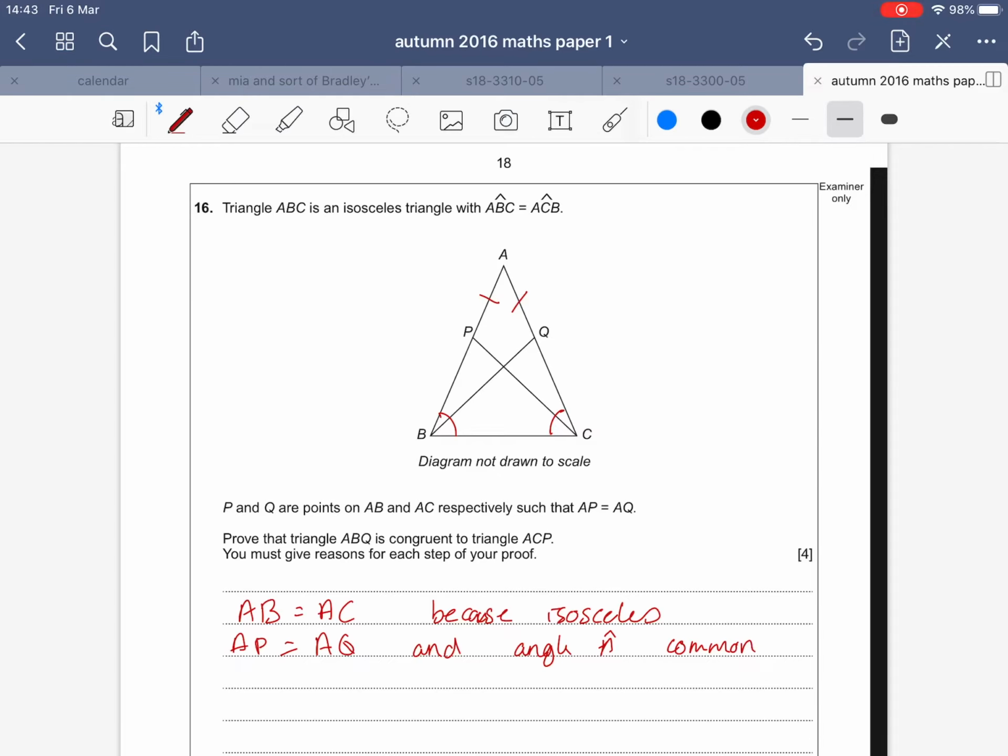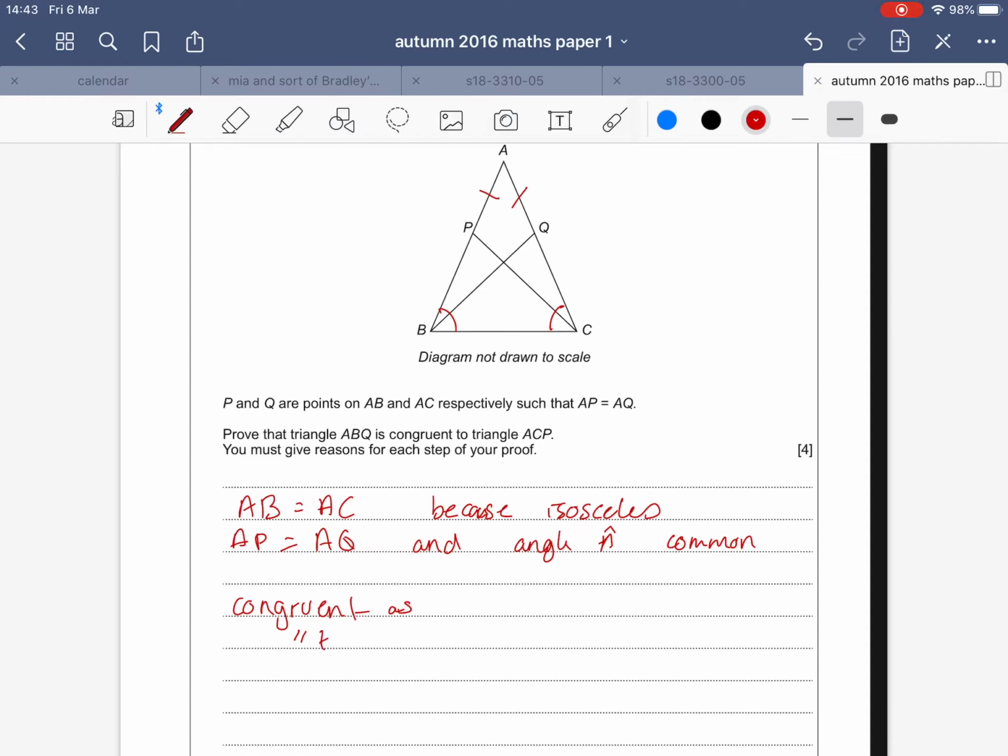So you've got two sides the same and an angle that's the same. So it's congruent, as you've got two sides and the included angle, so the middle angle, next to those two sides.